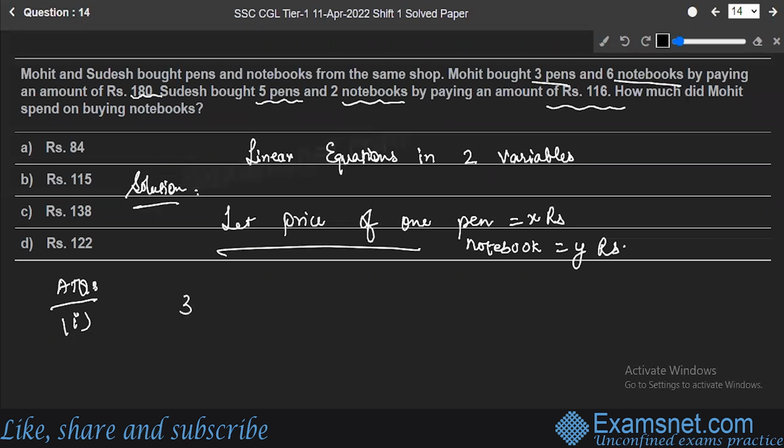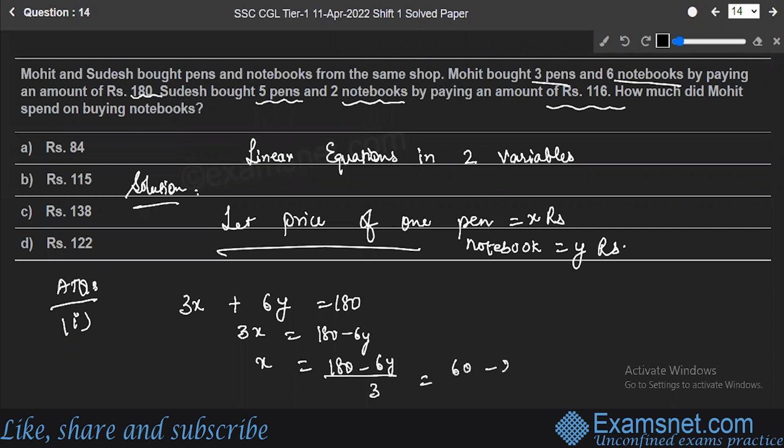So 3x plus 6y is equal to 180. This gives you 3x is equal to 180 minus 6y. This gives you x is equal to (180 minus 6y) upon 3, which is equal to 60 minus 2y. Correct? This is your first equation.